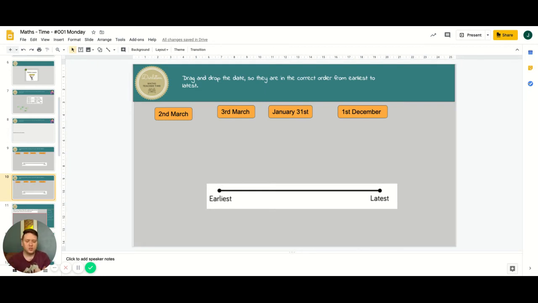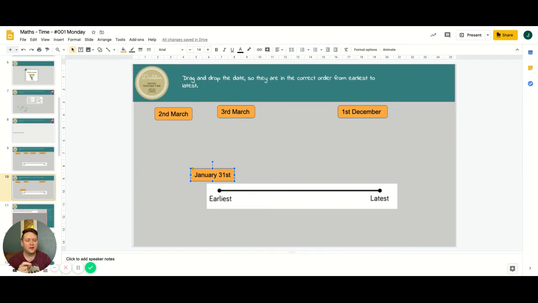So I go January. I know I'm talking about the earliest, so January is the earliest month. So I know I'm looking at my 4 here, and I know January is the earliest month, even though there's the 31st there, which is the highest number in the 4 tabs that we're looking at.